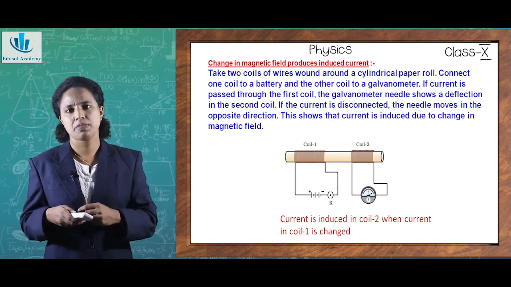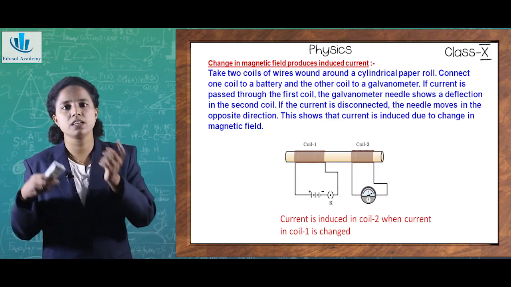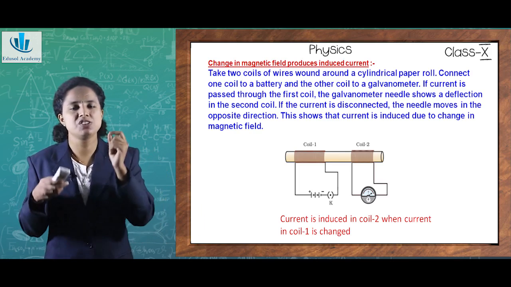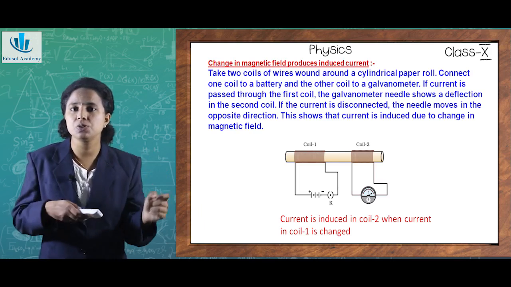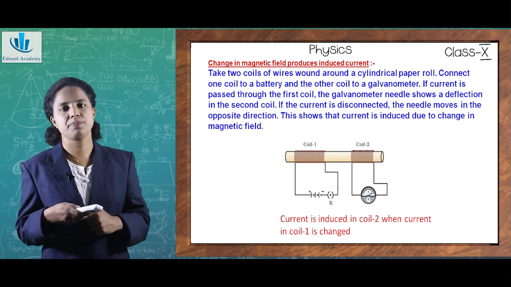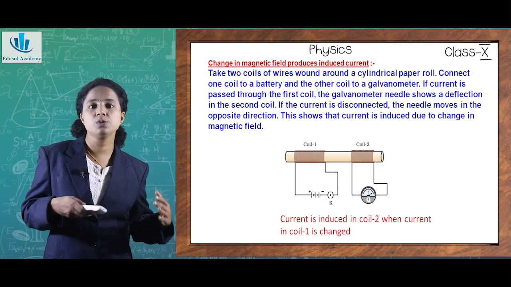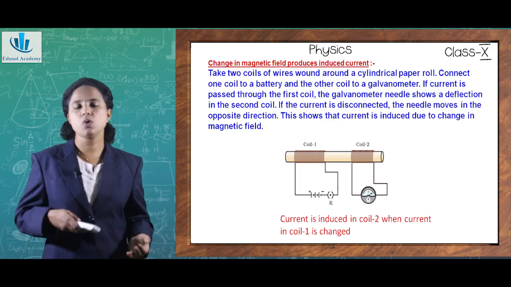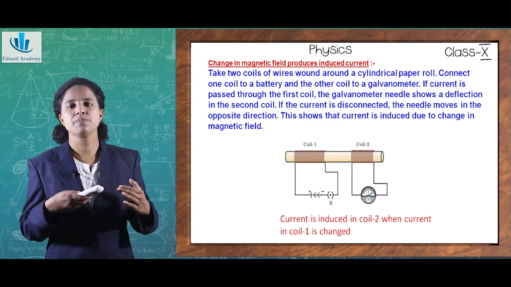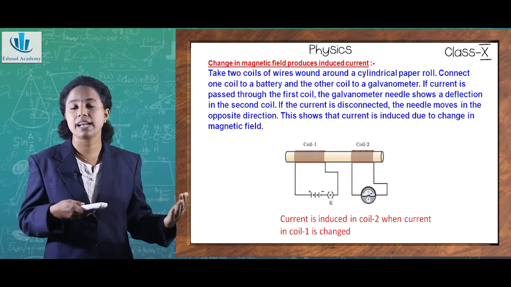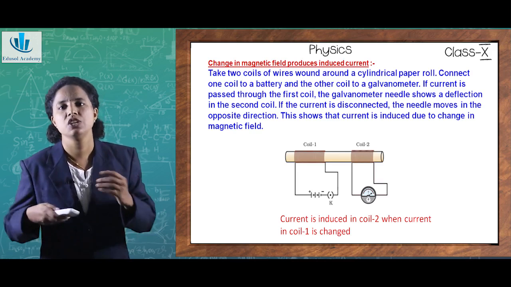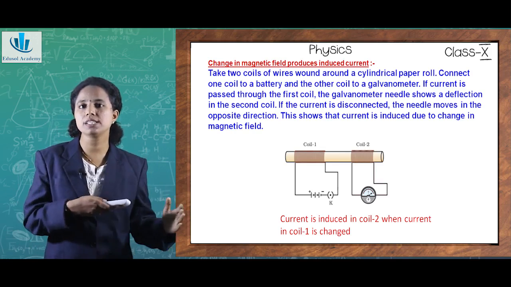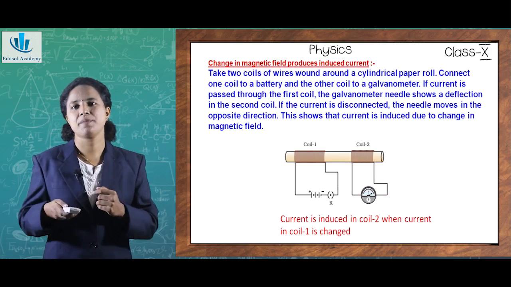What does it mean? If the current is disconnected in the first one, the needle will move in the opposite direction. This shows that current is induced due to change in magnetic field. So, current is induced in coil 2 when current in coil 1 is changed. So, the current induced in coil 2 is because of the change in the current in coil 1. So, the change in the magnetic field also produces induced current.